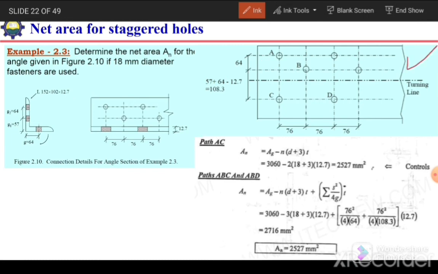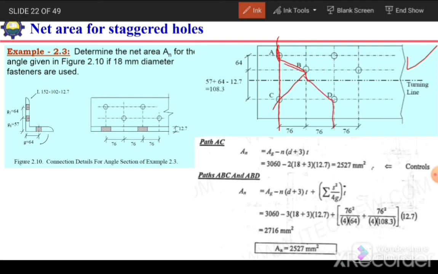Okay, so now this figure is identical to that of a simple plate or straight plate. So now it's easy to calculate the net area. We need to consider different possible failure planes. So this might be the critical section, then this might be the critical section, or this might be the critical section.